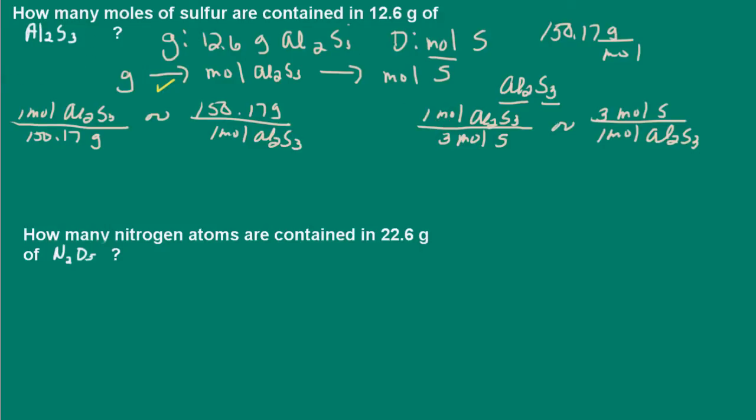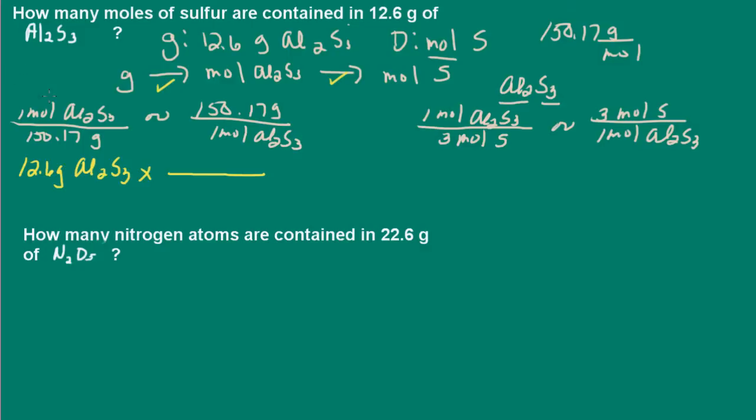I now have conversion factors for both arrows here, and now I just set up my problem. So let's see, we're given 12.6 grams of aluminum sulfide. So I want to cancel out grams and convert that to number of moles.